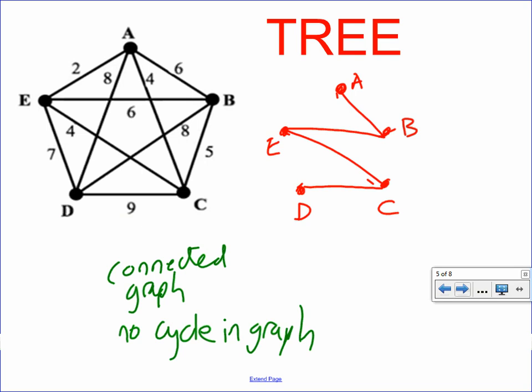So you've got every node, you can get from A to everywhere else, and from everywhere to everywhere else on a path, but there is no way using those edges you can create a cycle. You can't start somewhere, move around and get back to where you started on a path. And don't forget, on a path, no vertex appears more than once. So when you're moving around, you only visit each node once on the path. Okay, so that's a tree.